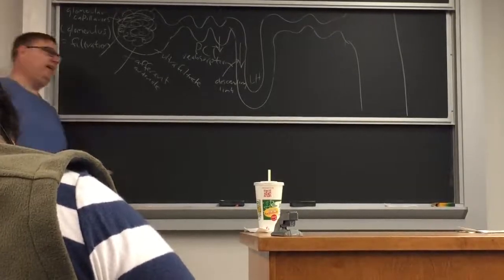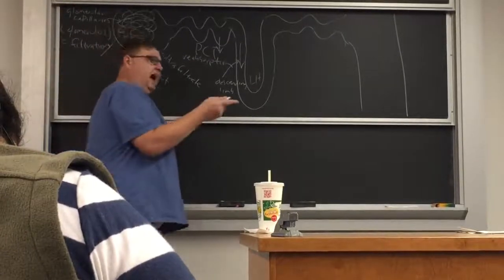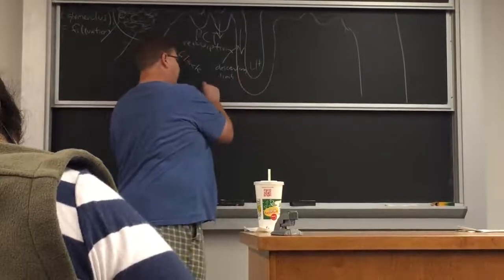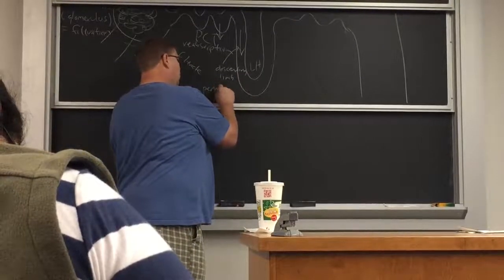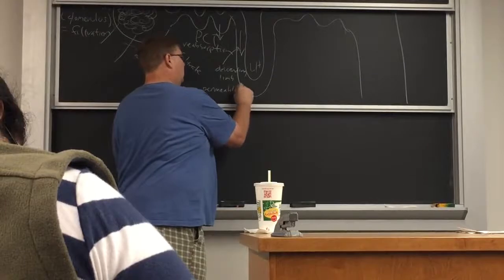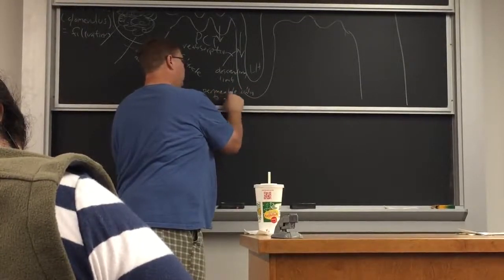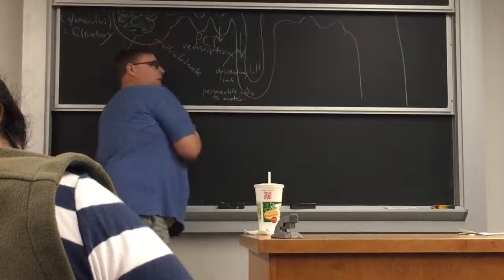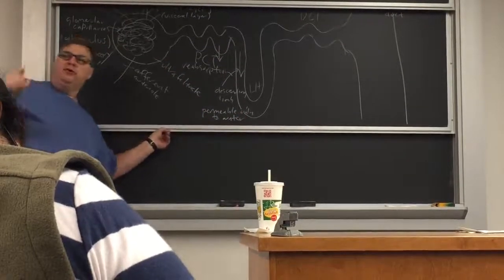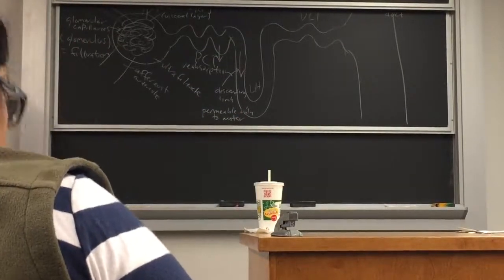And what the descending limb does basically, or probably the easiest way to say it, is it's permeable only to water. So the only thing that can move across the descending limb is water.